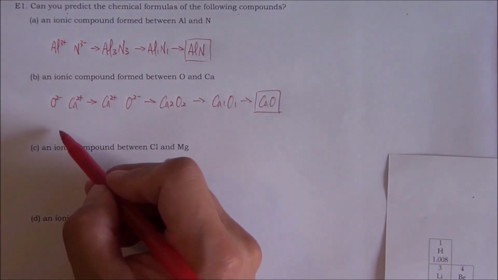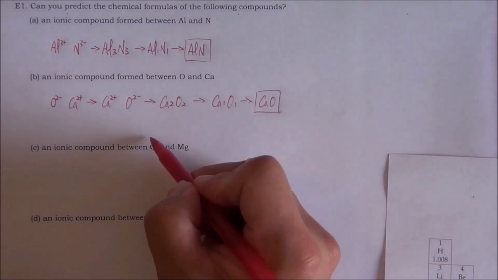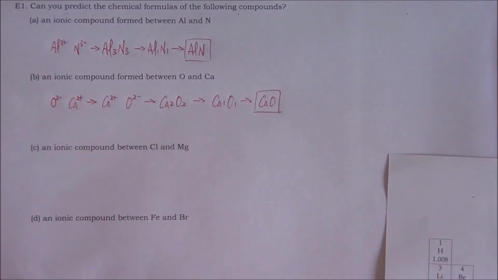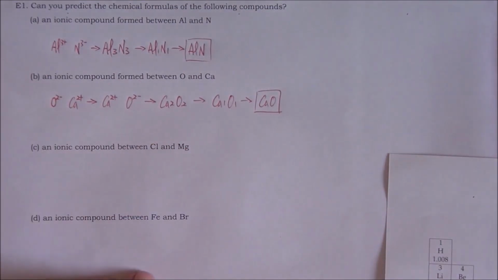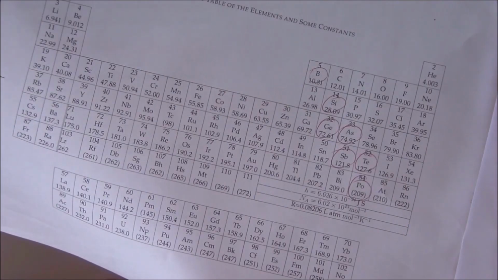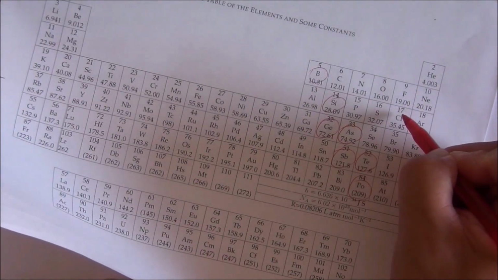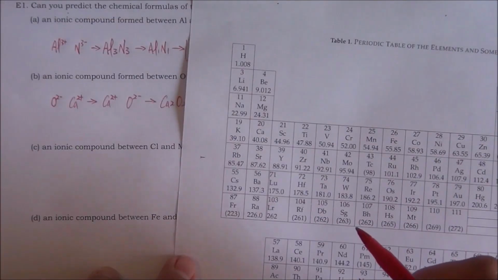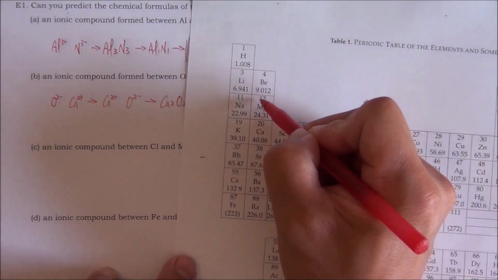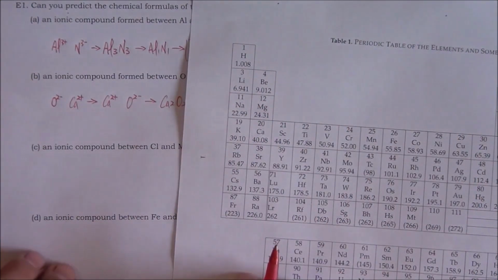Problem C. An ionic compound between chlorine and magnesium. Let's find the charges of the most stable ions of chlorine and magnesium from the periodic table. From the periodic table, the charge of the most stable ion of chlorine is -1. The charge of the most stable ion of magnesium is +2.